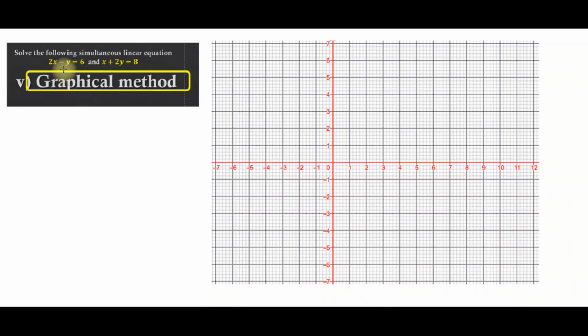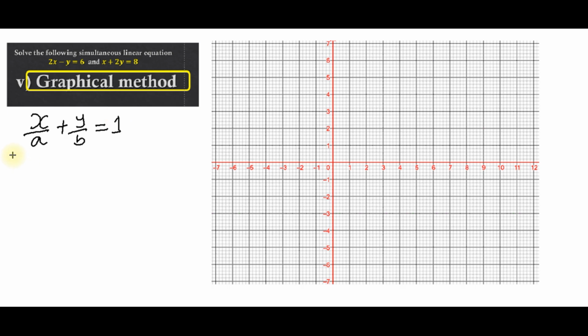The easiest way to plot the two linear graphs is to rewrite the equation in the form of x over a plus y over b is equal to 1. This is much easier, as we shall see.